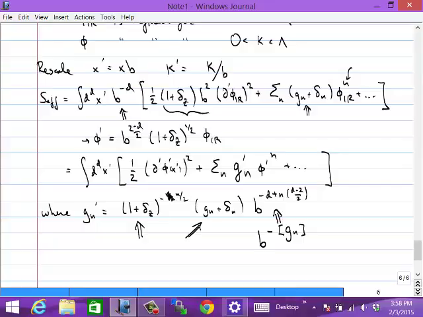But there's this important piece right here, which tells you that all of the coupling constants scale in a way that's determined by their dimension. Remember, G is a dimensionful parameter, and so if we rescale our x variable in some way, these G's have to change. And this factor of B to the minus dimension of G is just telling us exactly how they had to change.